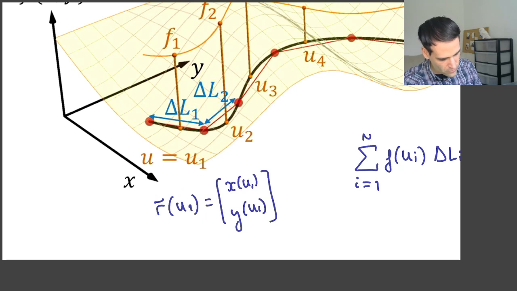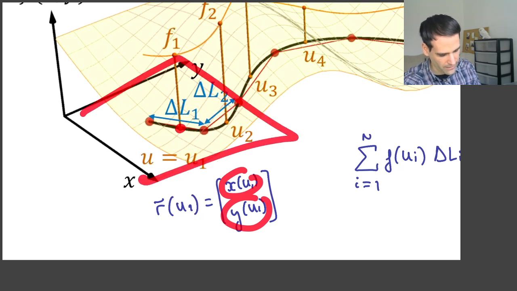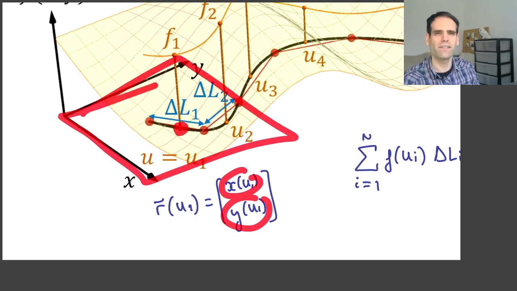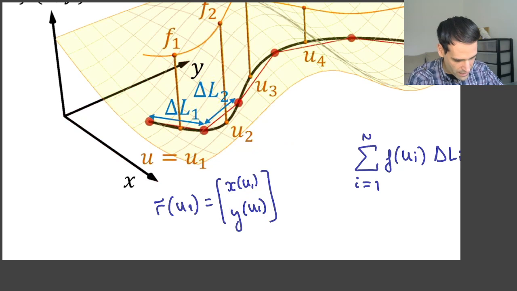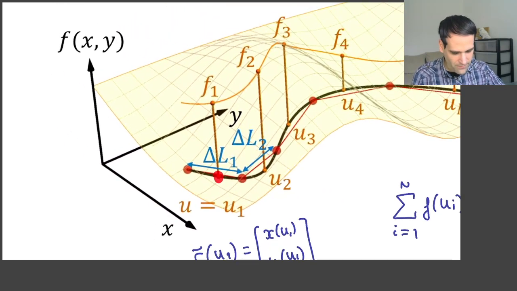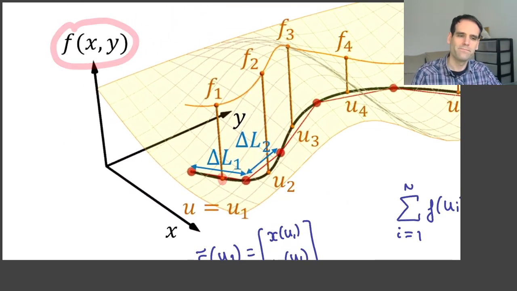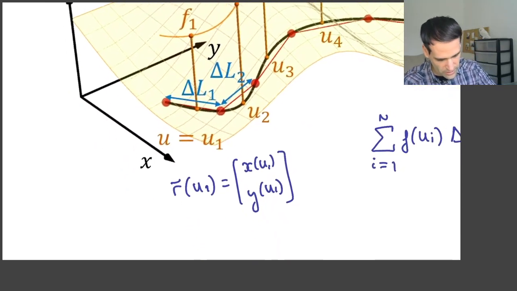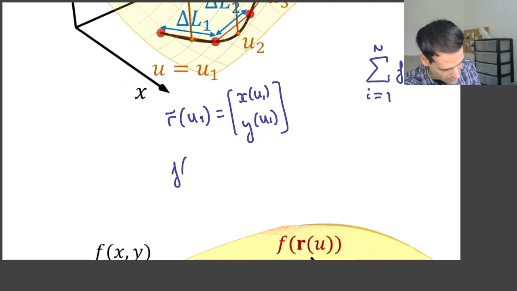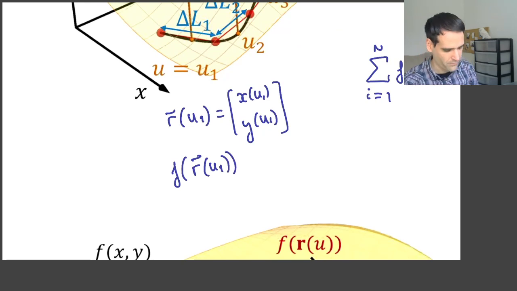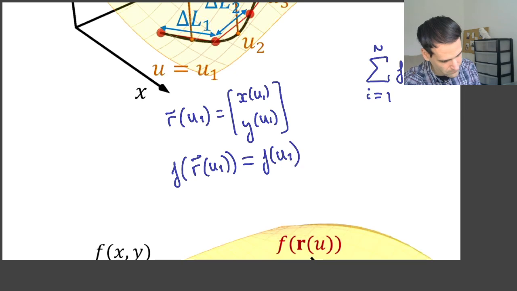For each value of u, for example u1, you can find x of u1 and y of u1, and you are at some point in the xy plane always. And therefore we can evaluate the function at that point. So we are doing f evaluated at R of u1, and we can call this f of u1.